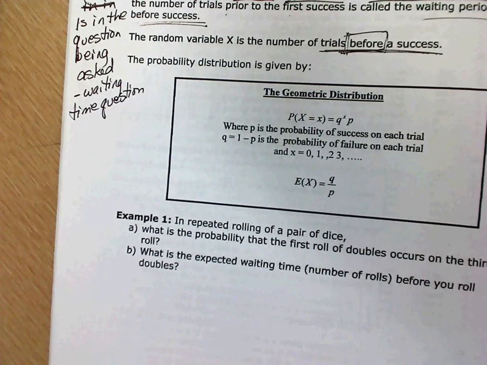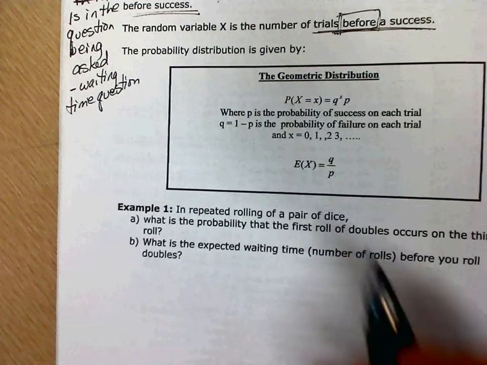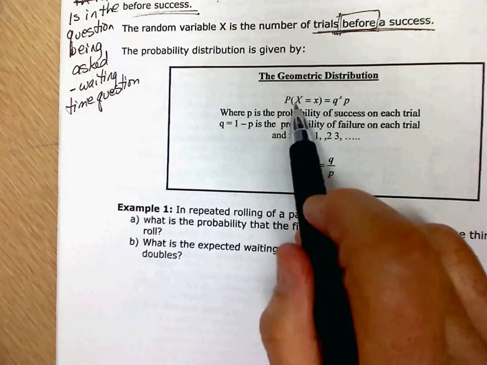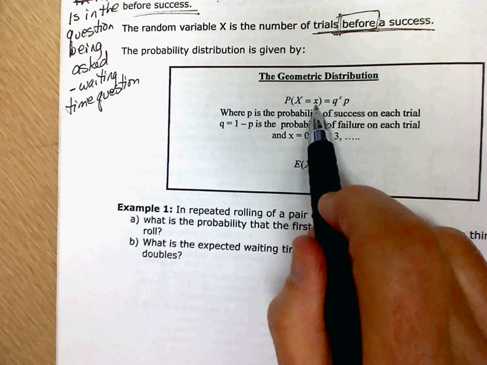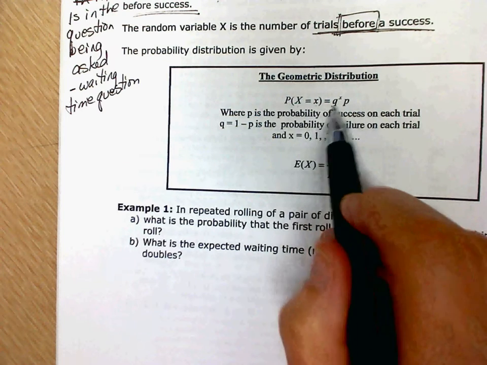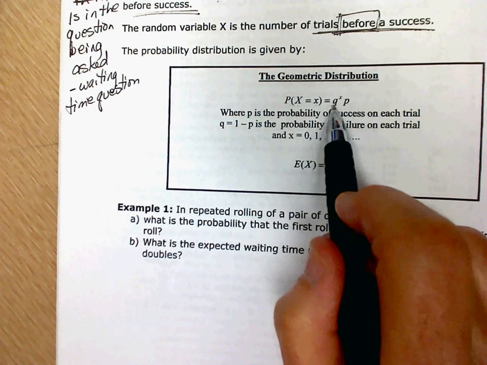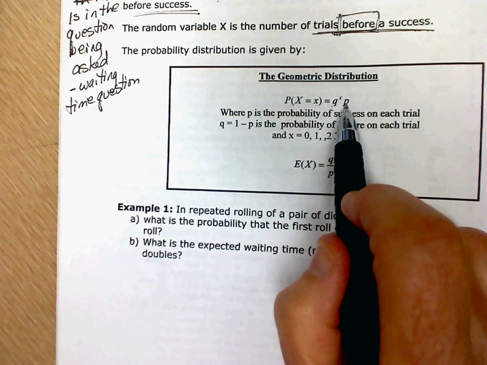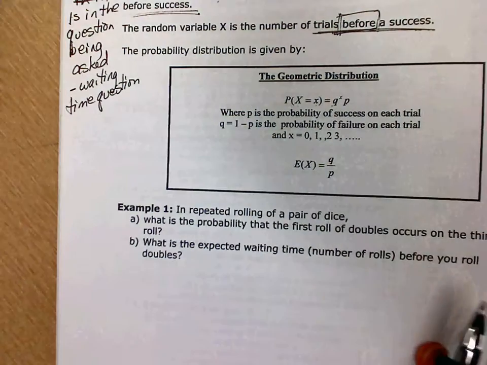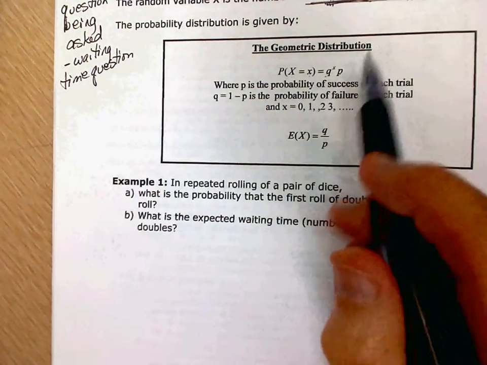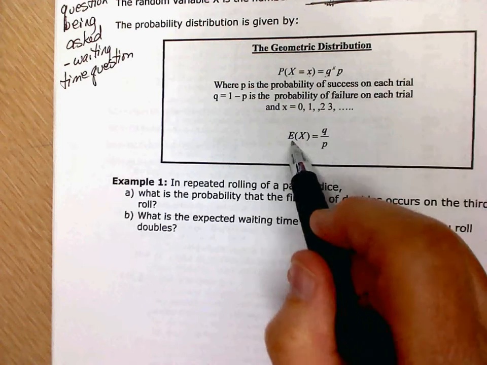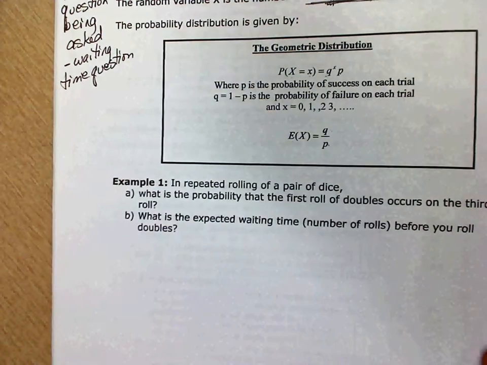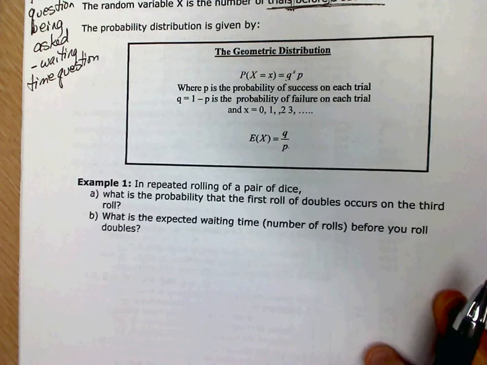The probability distribution is given by the geometric distribution. The probability x equals any value is the probability of failure to the exponent x times the probability of success. And expected waiting time is q over p. So I'm going to explain all of that as we go through the examples, okay?